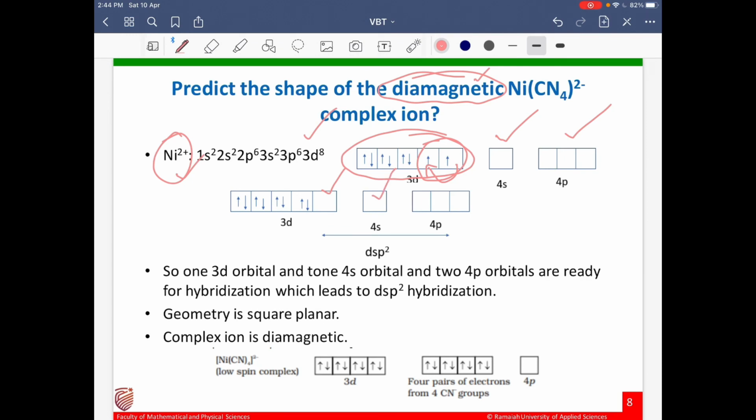Two more vacant orbitals are required, so those will be from 4p. So 1 3d orbital, 1 4s orbital, 2 4p orbitals, a total of 4 orbitals.